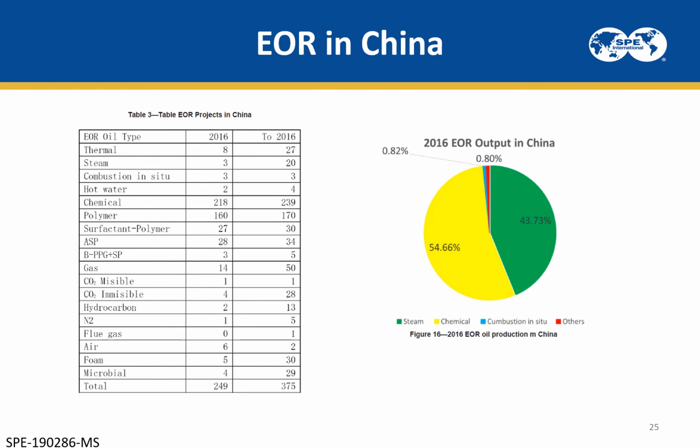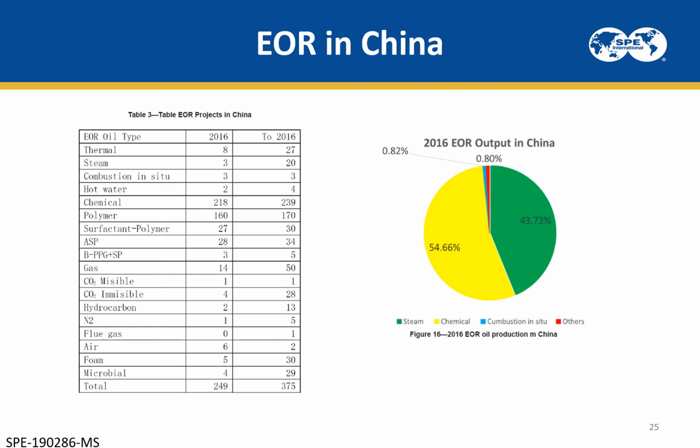I will just give some examples for some countries, like China. Up to 2016, there were totally 375 EOR projects, including 27 thermal EOR projects and 239 chemical EOR projects. In 2016, totally 249 EOR projects, including 8 thermal EOR projects and 218 chemical EOR projects, and in this, polymer only is 160 EOR projects.